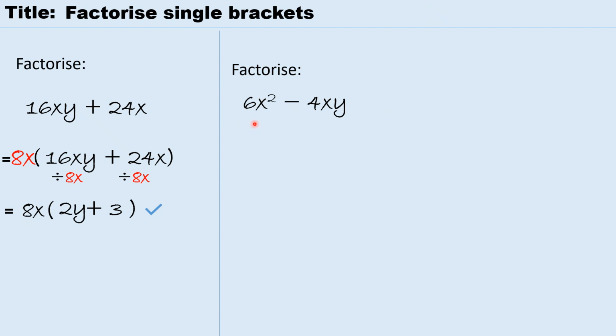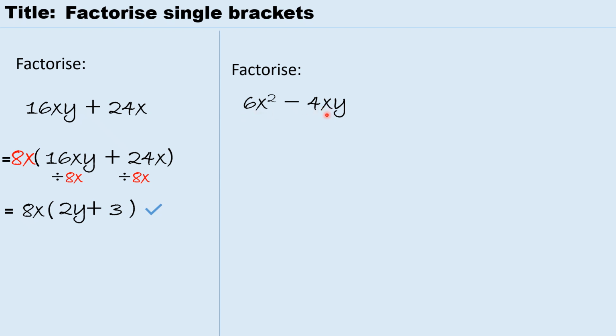Again, the highest common factor of 6 and 4 is 2, and the highest common factor of x squared and xy is x. Why? x is common in both terms.